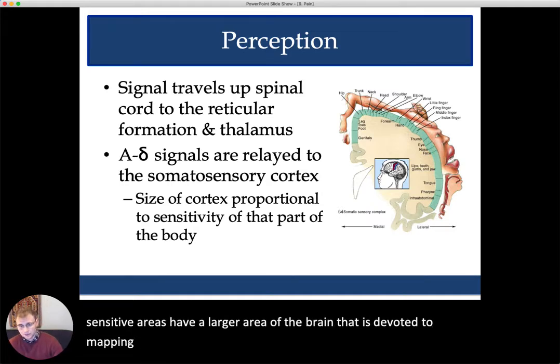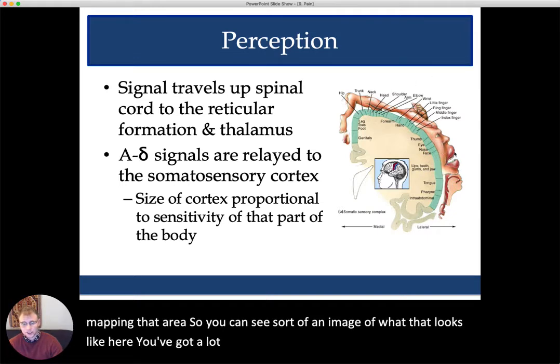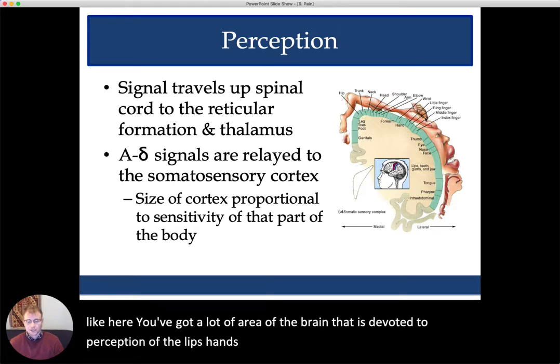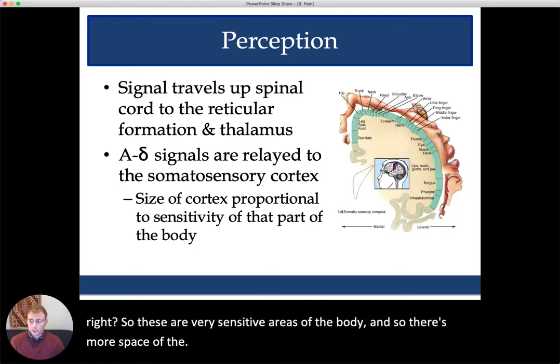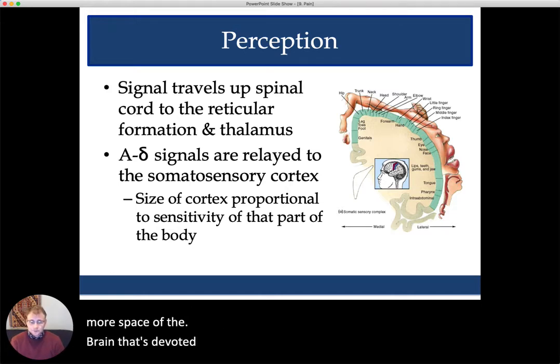So you can see an image of what that looks like here, right? You've got a lot of area of the brain that's devoted to perception of the lips. Hands have a lot of space devoted to that, right? So these are very sensitive areas of the body, and so there's more space of the brain that's devoted to mapping that.